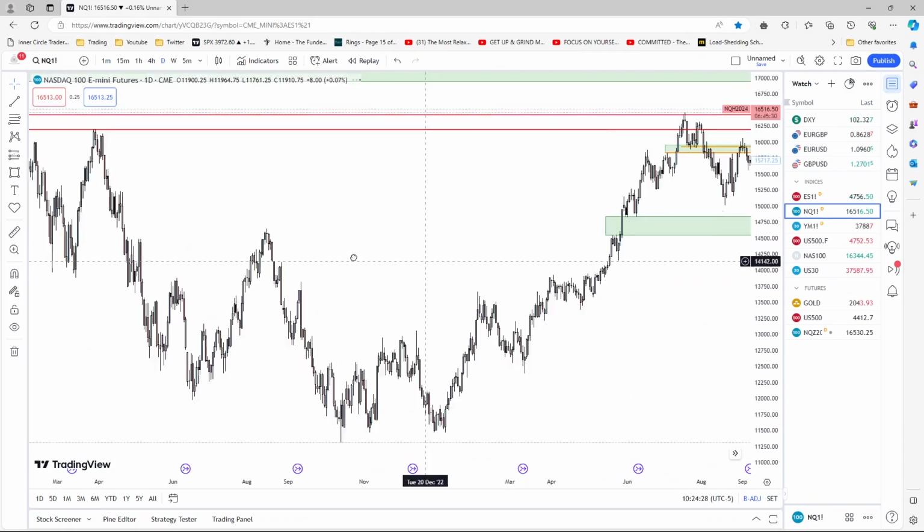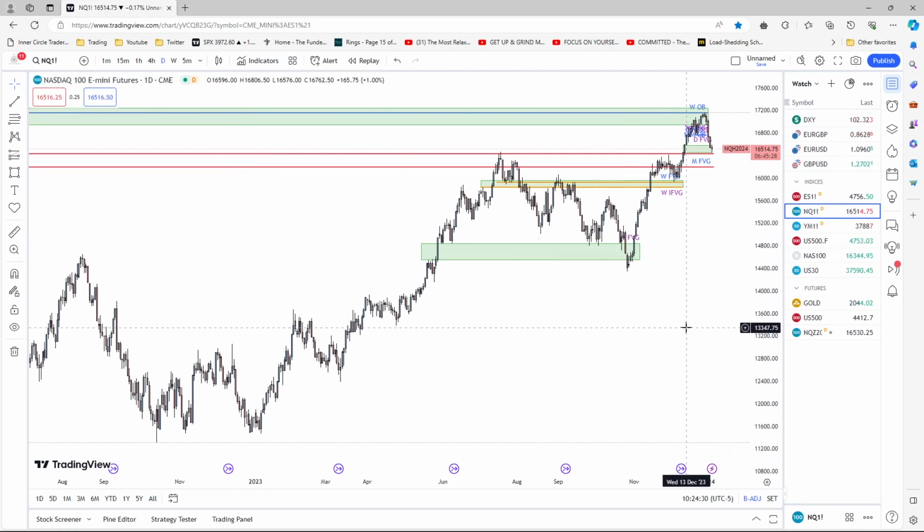So hopefully now you have learned how to implement using internal to external range liquidity and external range liquidity to internal range liquidity.